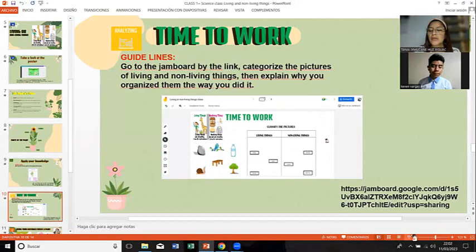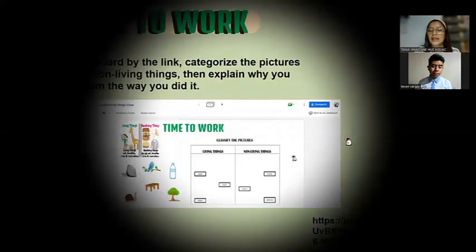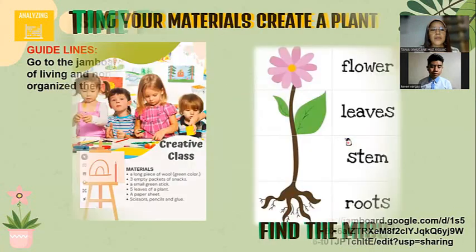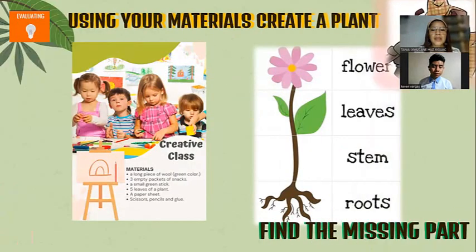And also, continuing with the presentation, we can see that after applying, it is very important to evaluate. So right here, according to the classes, the teacher has sent the materials that are going to be used in class.